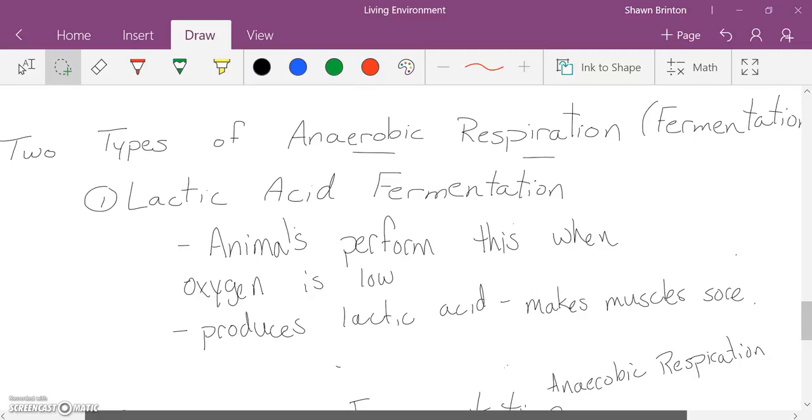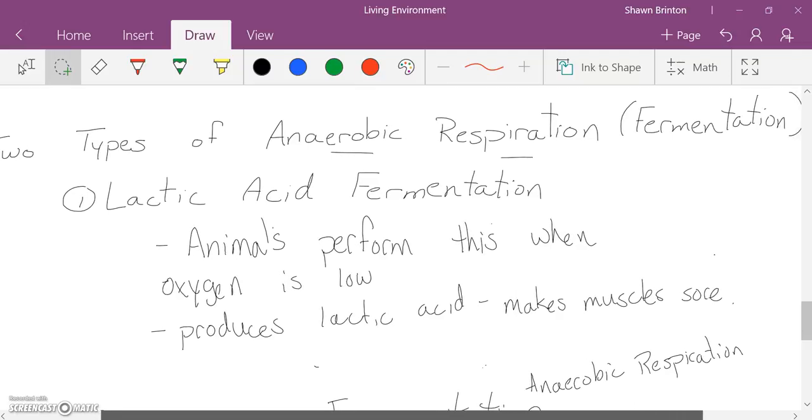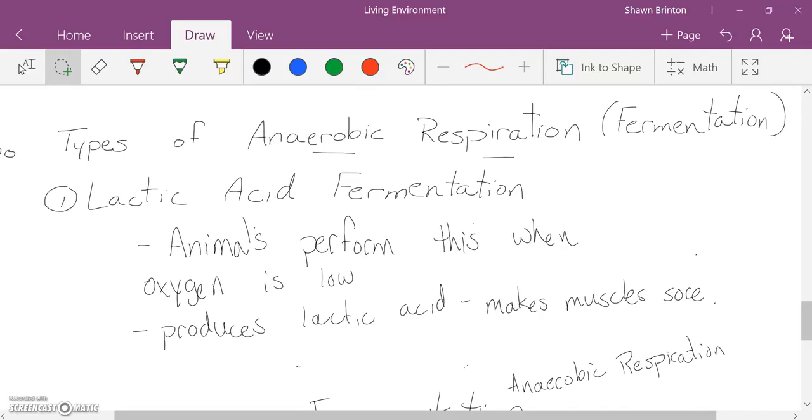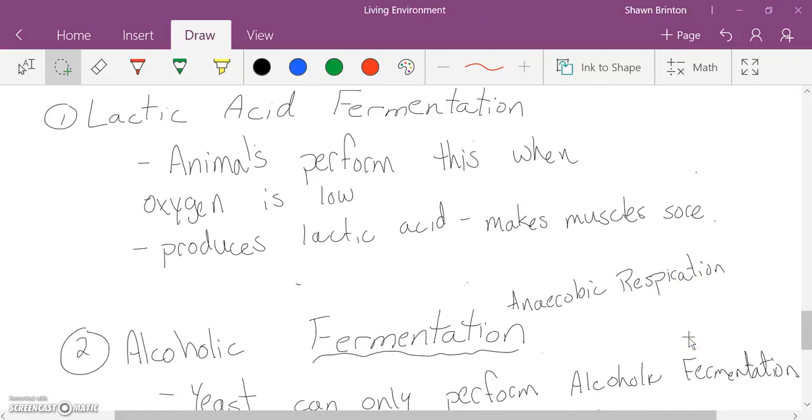Two types of anaerobic respiration are lactic acid fermentation and alcoholic fermentation; anytime we talk about anaerobic, we're talking about fermentation. Animals perform lactic acid fermentation when oxygen is low, and they produce lactic acid as a waste product, the substance that makes our muscles sore.